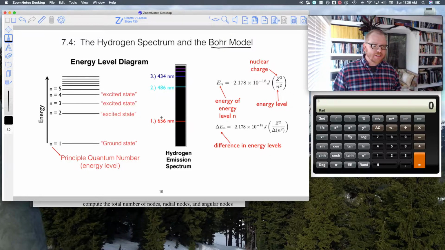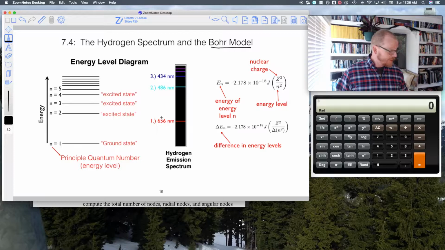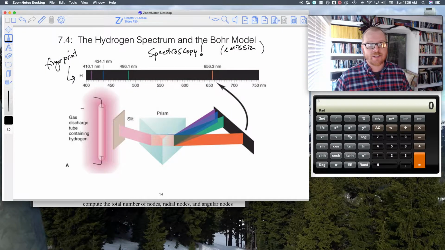What happens in these excited states is we typically pump energy in. That's done by that gas discharge. If I finish drawing this thing, I'm just going to draw this as a closed circuit.